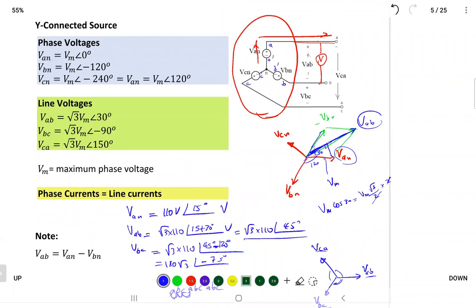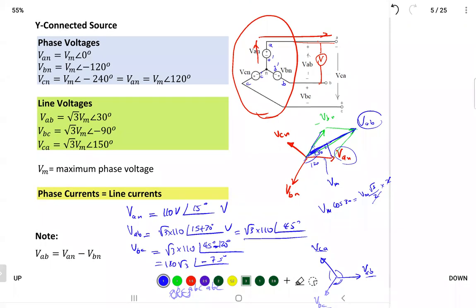VN by itself is not defined. VN is equal to 0, the reference. But VAN is the phase voltage. We did not calculate it; it was given that VAN is equal to 110 volts at some angle. It could be a different value and different angle. So they are given, the phase voltage.